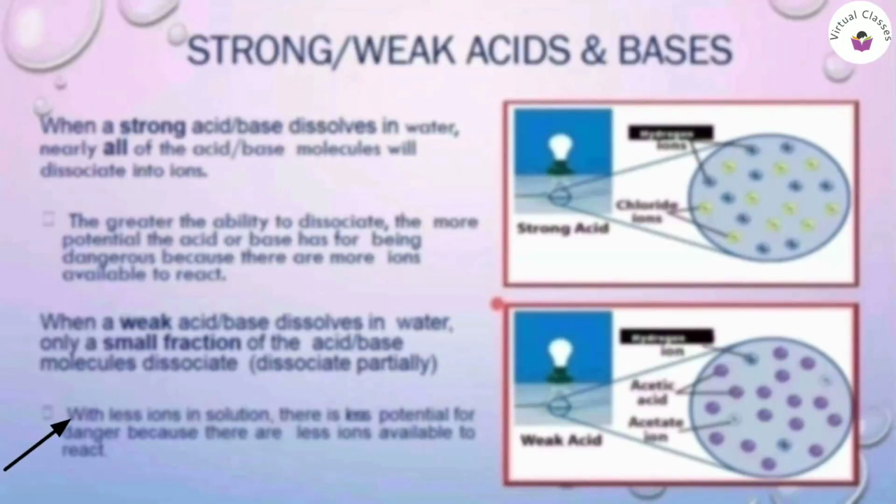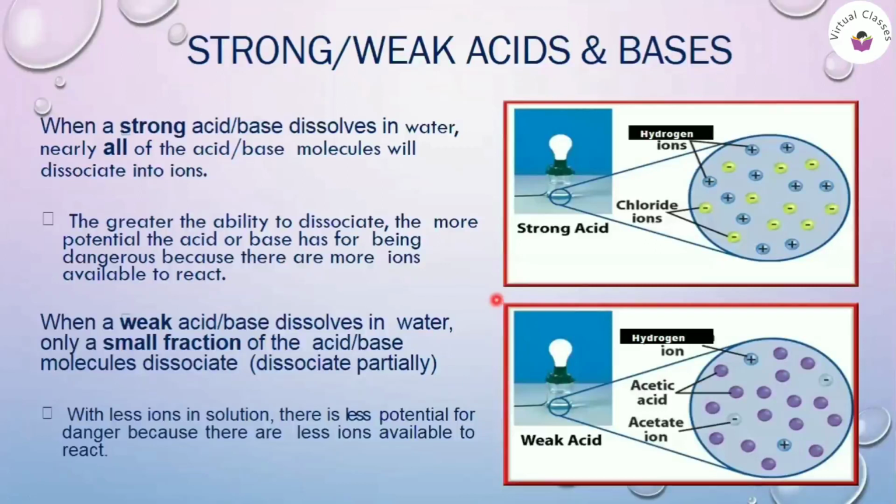With fewer ions in solution, there is less potential for danger because there are fewer ions available to react. Hence, the acid or base is weak. Hence, we can conclude that the strength of an acid has nothing to do with its concentration.